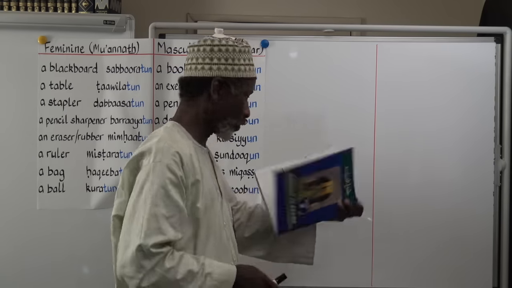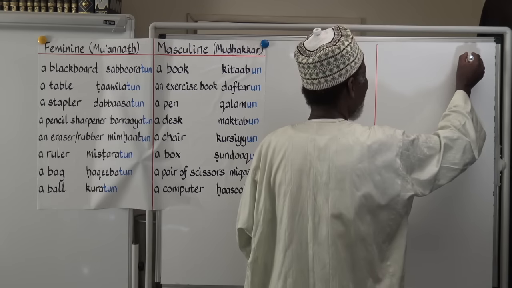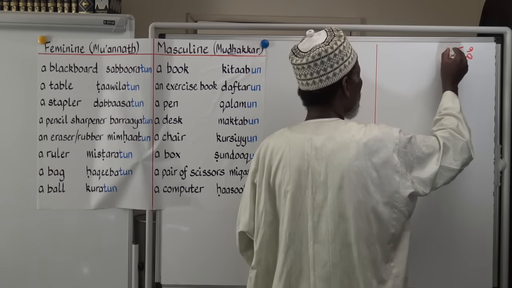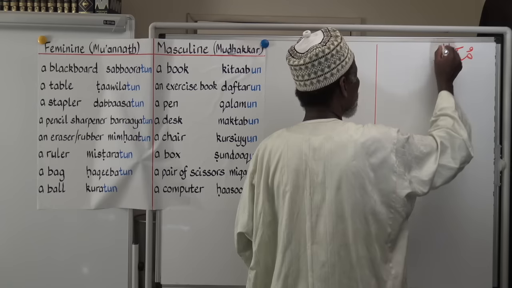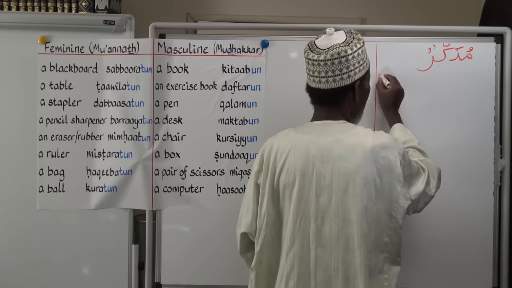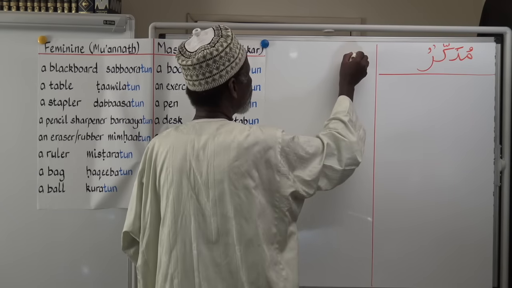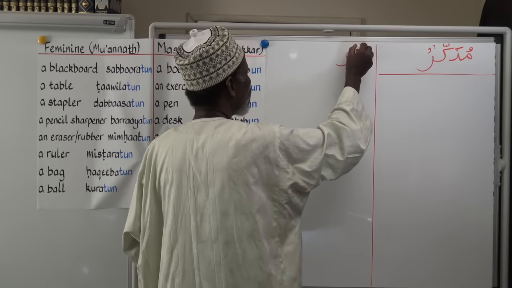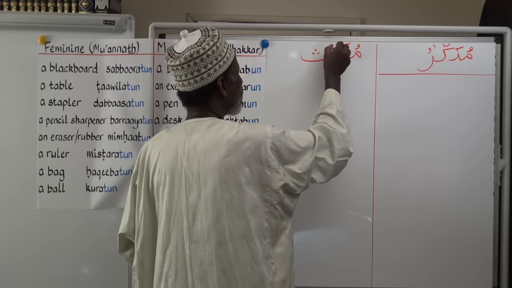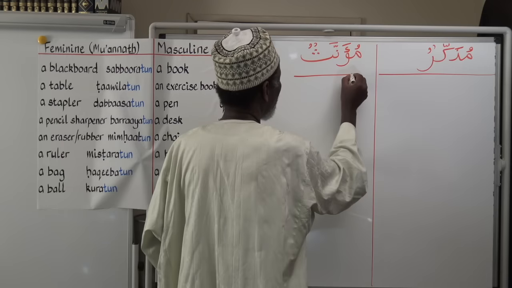So if we write the heading here, mudhakkarun, that's our heading. And this side, we're going to put mu'annathun. Okay, let's put a line there as well.